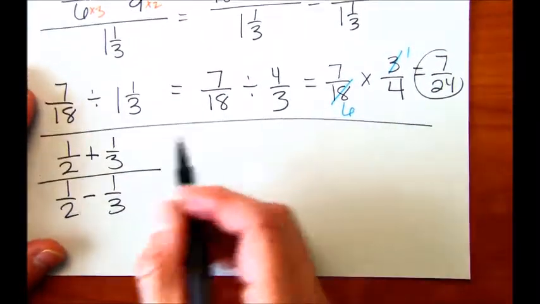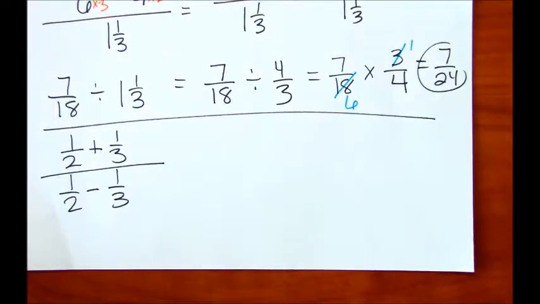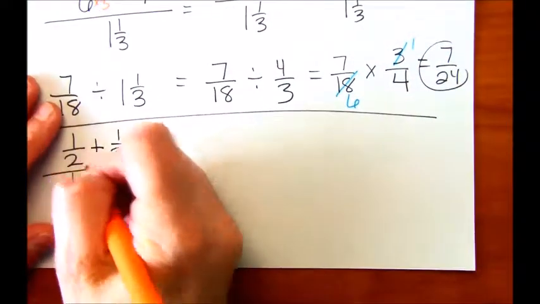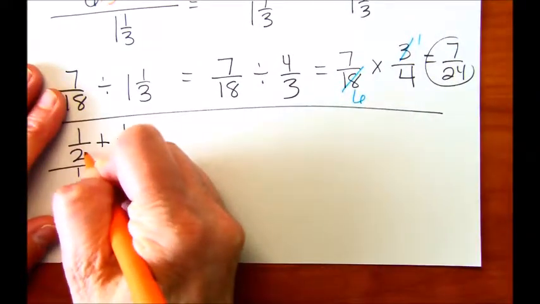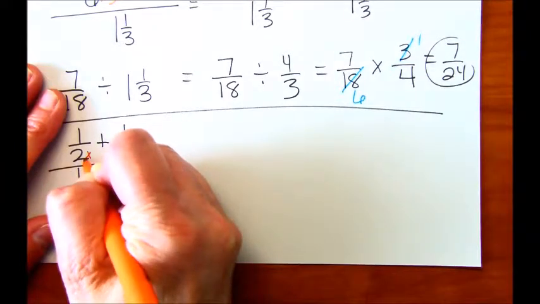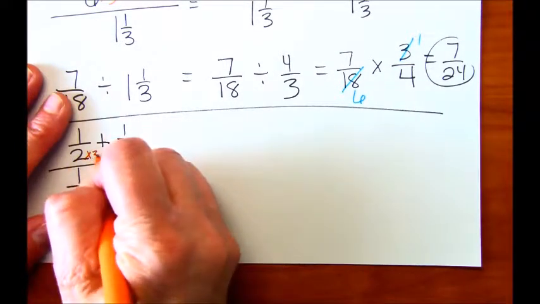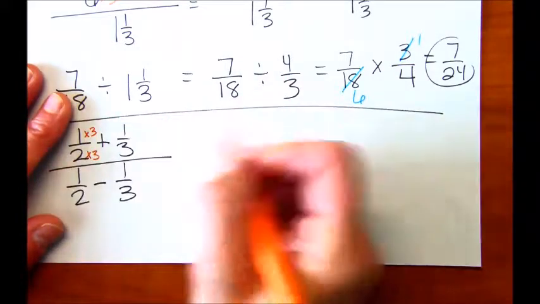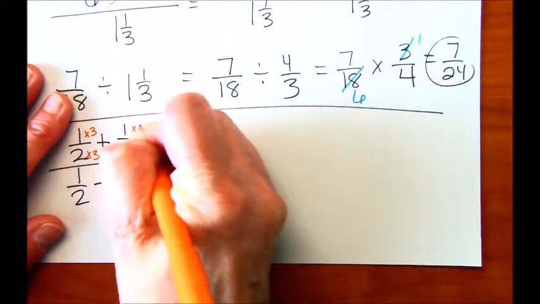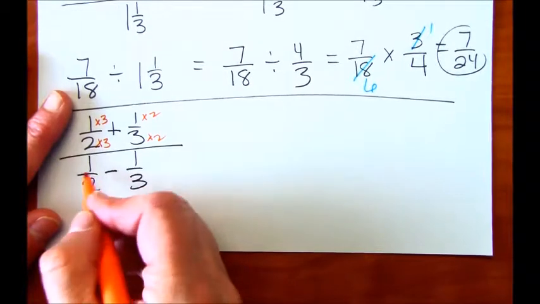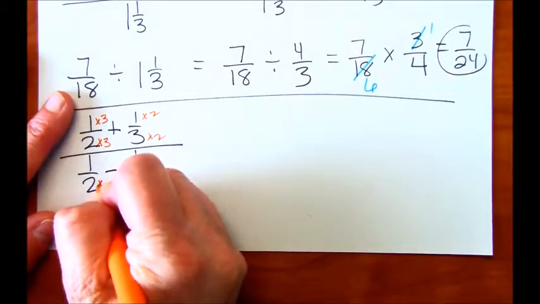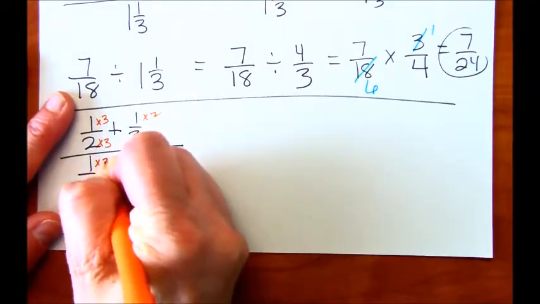So now I know that 2 and 3 have a common denominator of 6. So I'm just going to write in my multiplying factors here. 2 times 3 will give me 6, and 3 times 2 will give me 6. And I could do the same thing down here. It's going to be the same.